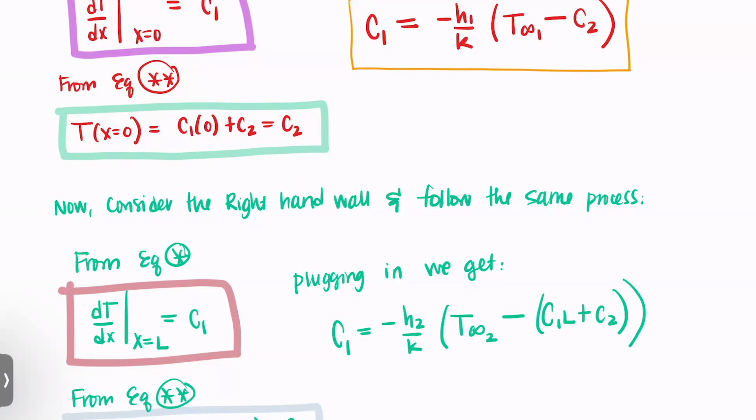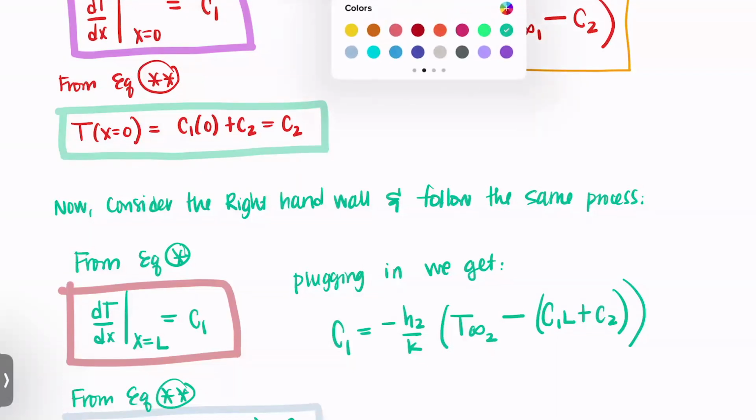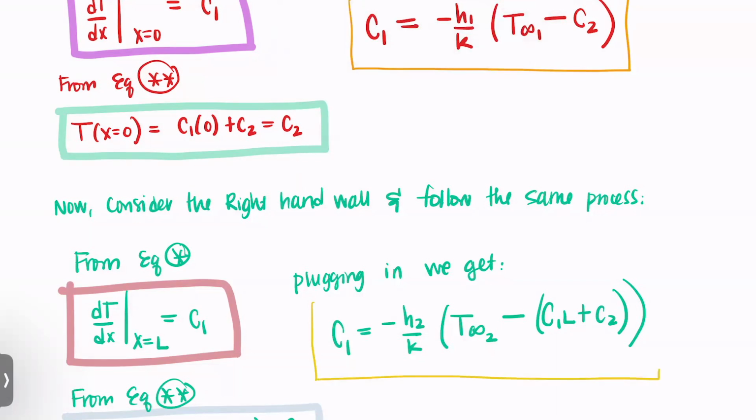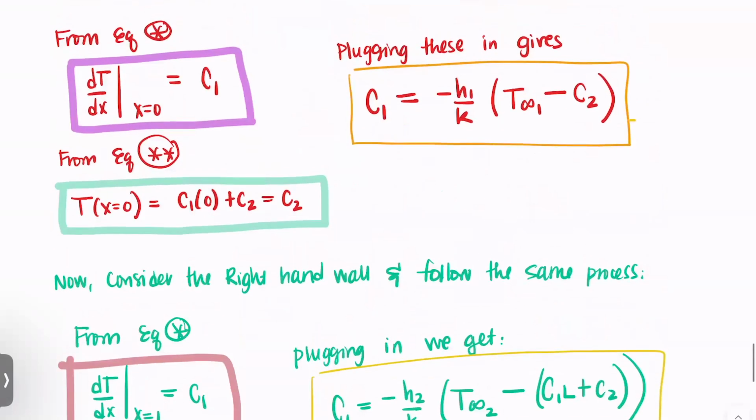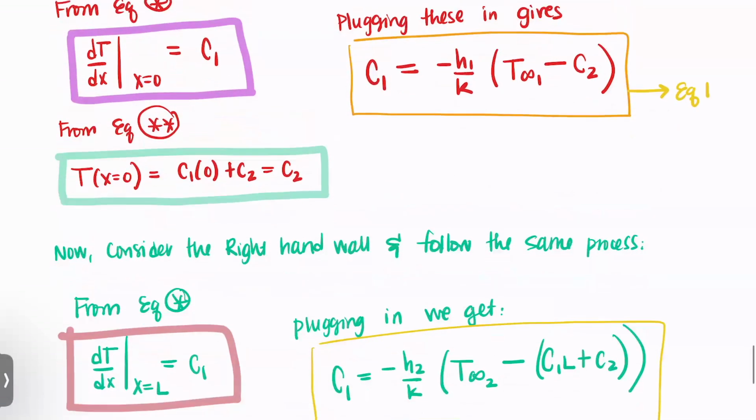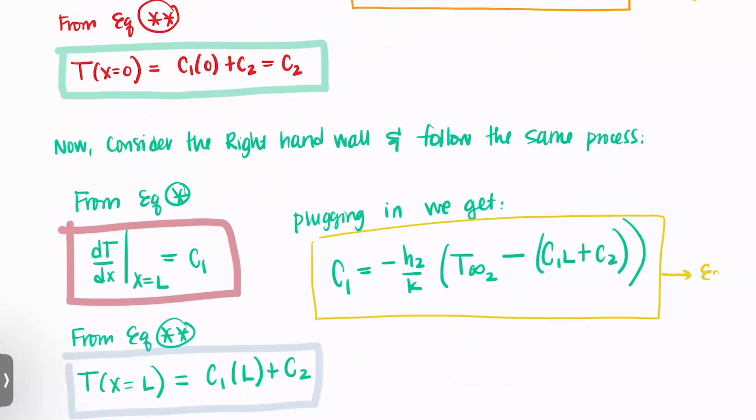All right, so we have 2 equations and 2 unknowns. I'm running out of colors. Let's do that one. Okay, so now we have this. I'm going to call this one equation 1, and this one is equation 2.